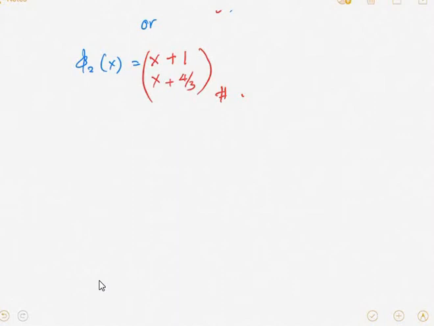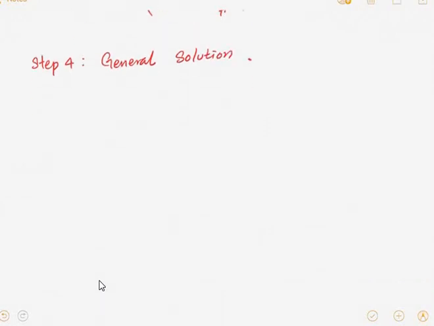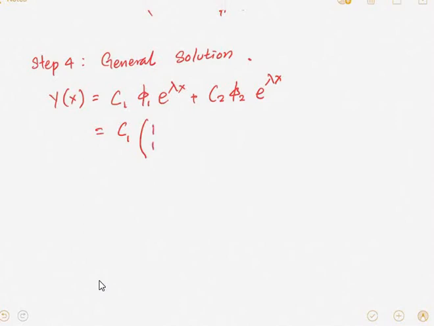And now we go to step 4. Step 4 is the general solution. y(x) equal to c1 vector 1 e to the lambda x plus c2 vector 2 e to the lambda x. So c1 vector 1. Vector 1 is what? Vector 1 is 1 and 1 for lambda equal to 4.